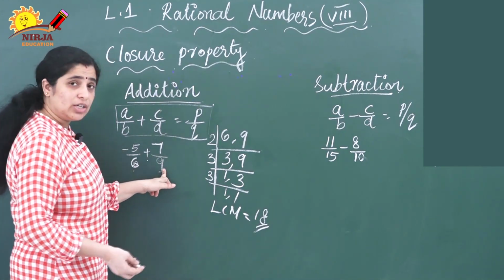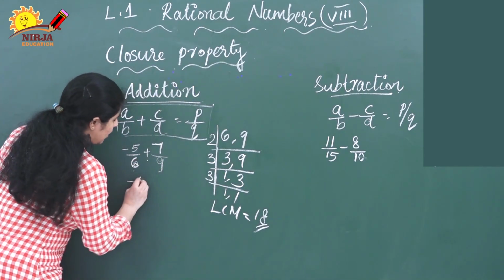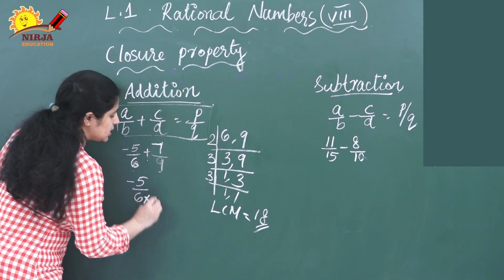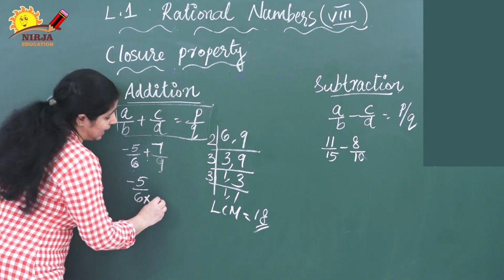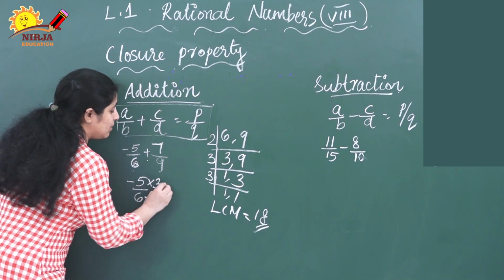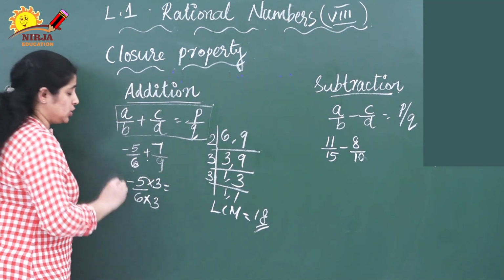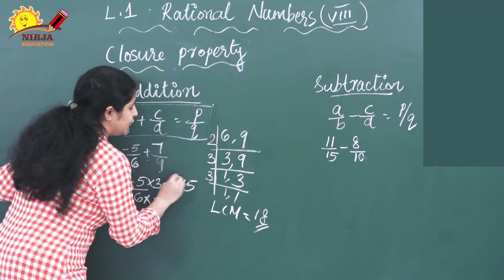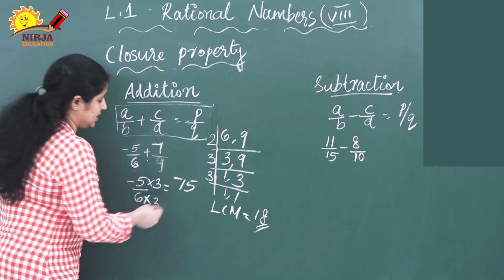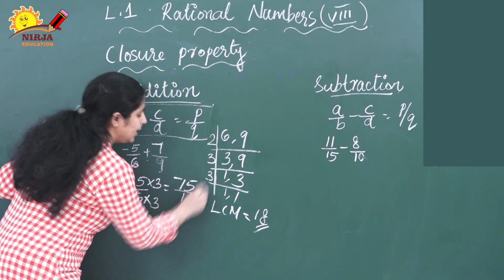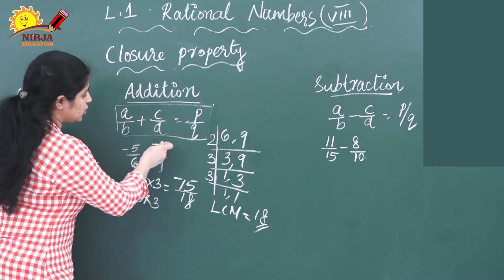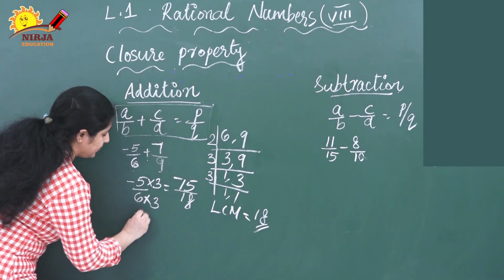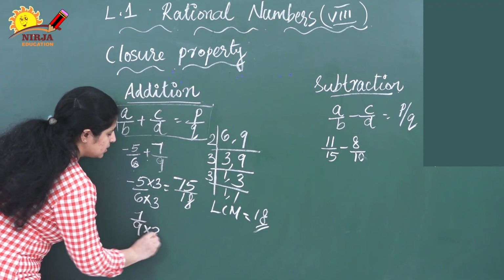Now we have to change the denominators. Minus 5 by 6. By which number you have to multiply? 3. By the same number you have to multiply the numerator also. 5 3s are 15, negative sign is there, 6 3s are 18. Now change the denominator of this number, 7 by 9.